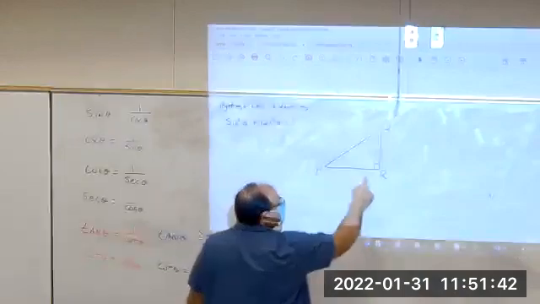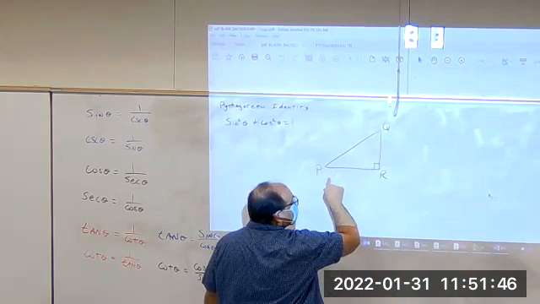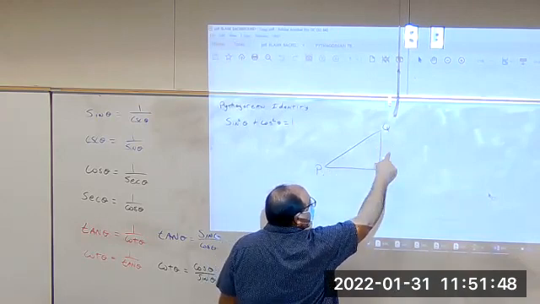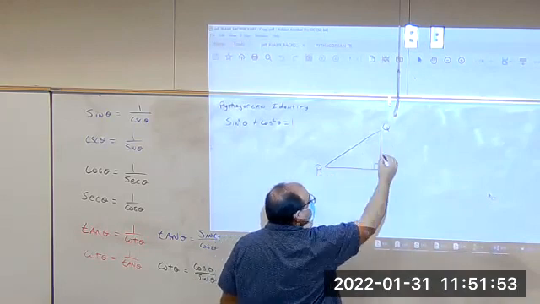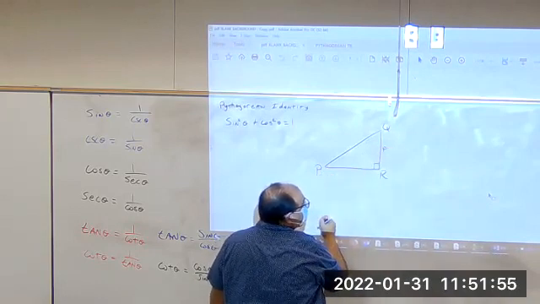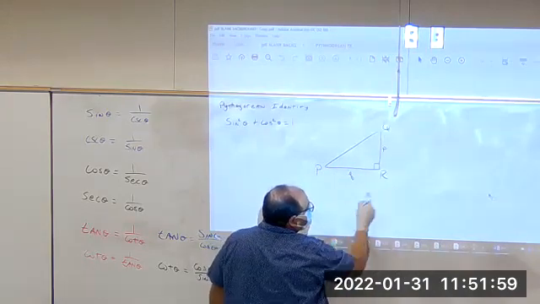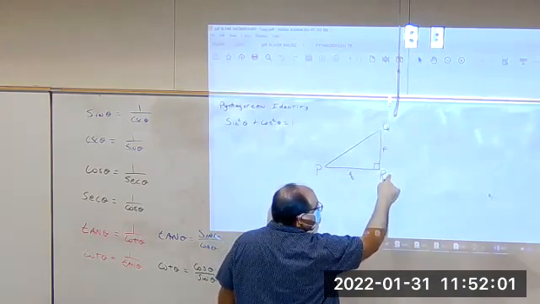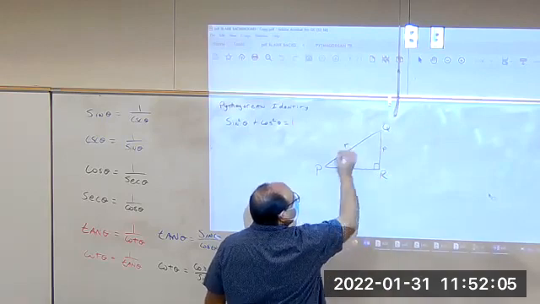The vertices of the triangle are capital letters, uppercase. The opposite sides are labeled with lowercase letters. So if this is capital P, this is lowercase p. If that's uppercase Q, this is lowercase q. And if this is capital R, uppercase R, then the hypotenuse across from it is going to be lowercase r.